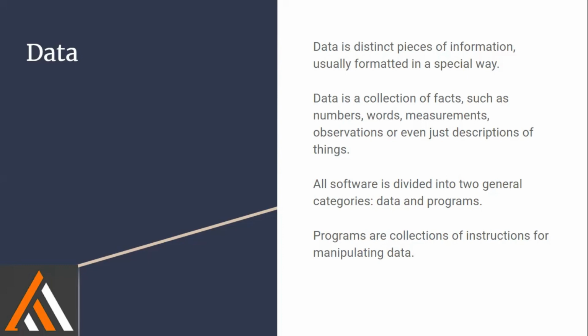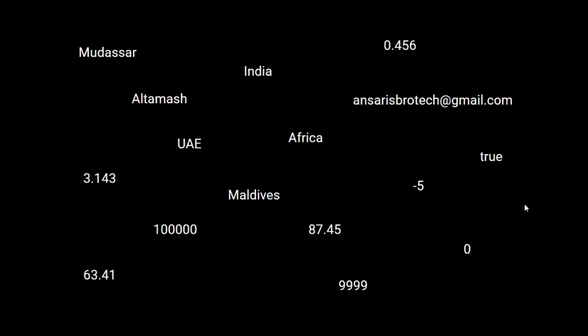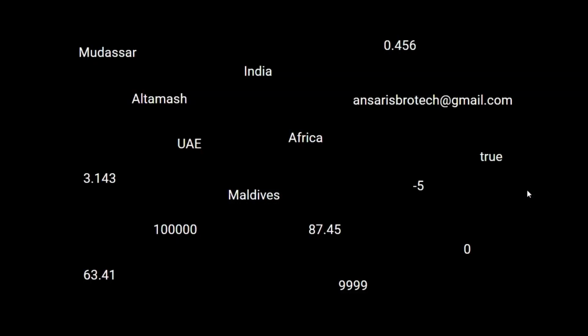Let's understand this with an example. You can see on the screen, there are random words and numbers put together for you. These are all meaningless until they have been associated with something. Like if you see on the screen, there are two names.